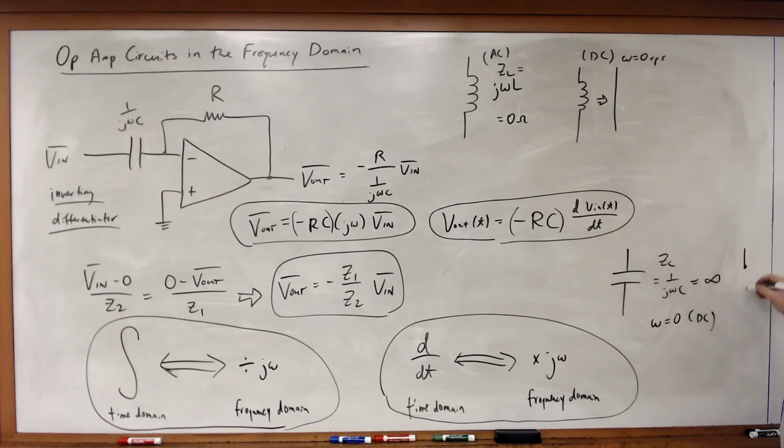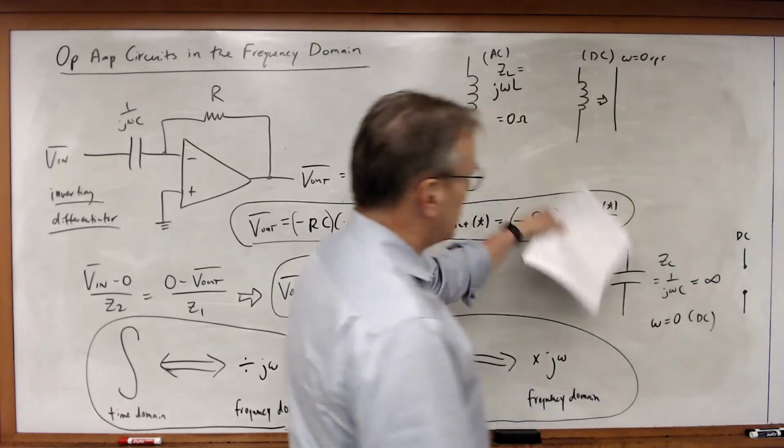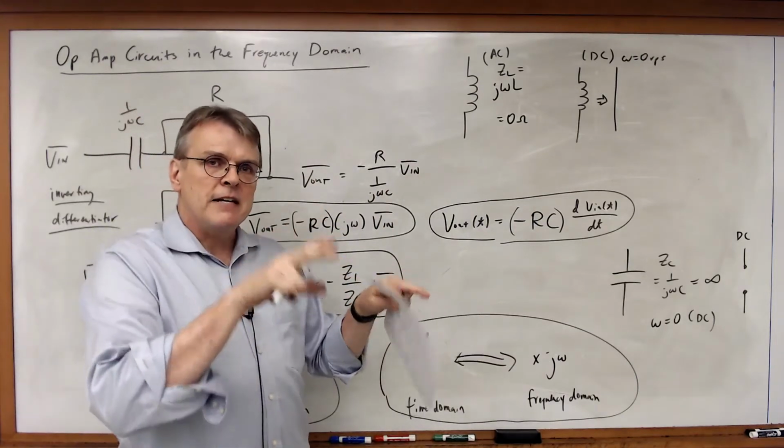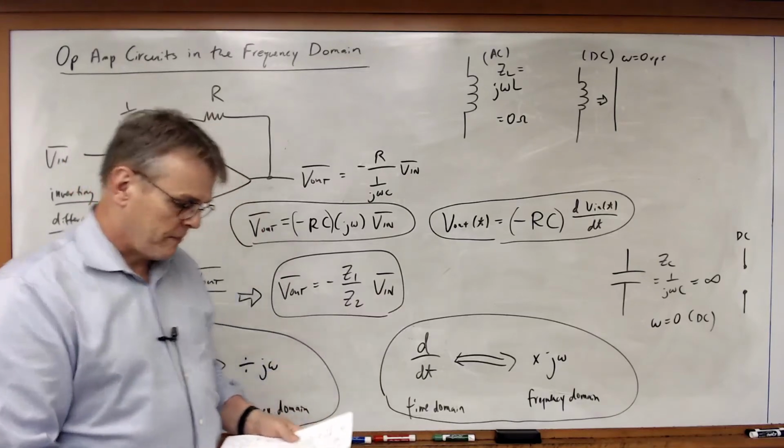In other words, in DC, a capacitor acts like an open circuit. So we see the same sort of thing. We begin to see how these time domain and DC and AC type things start to link together. All right?